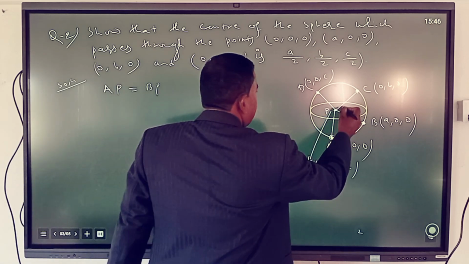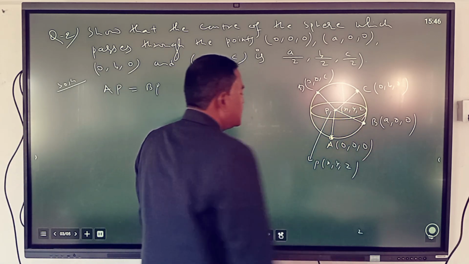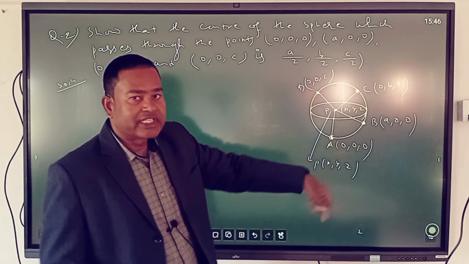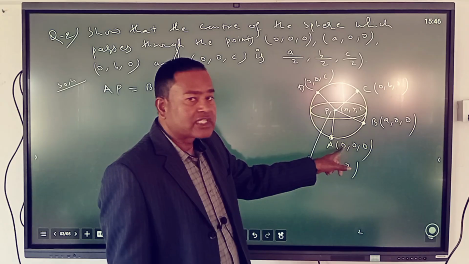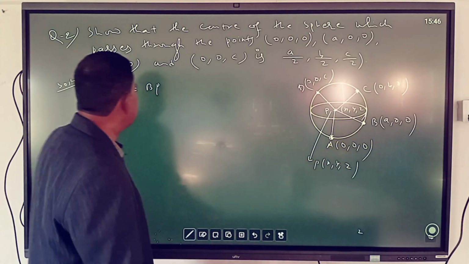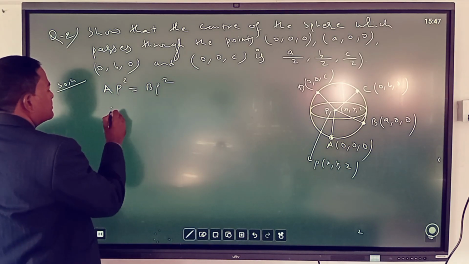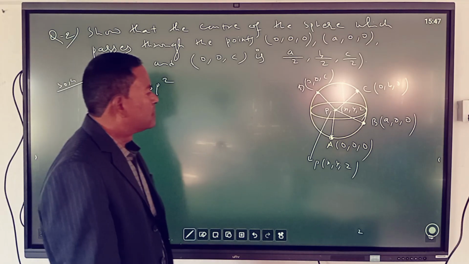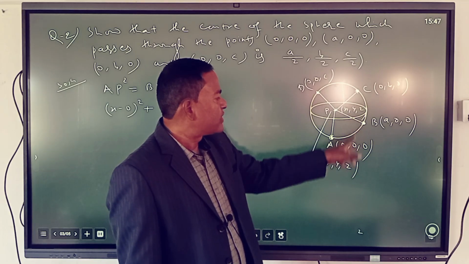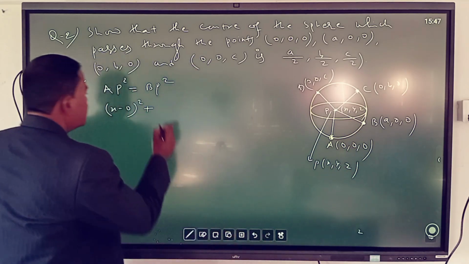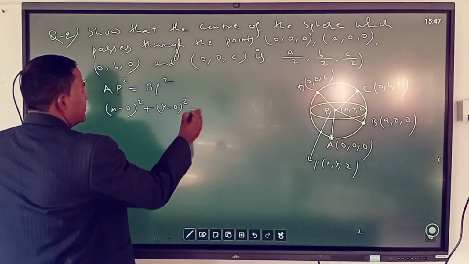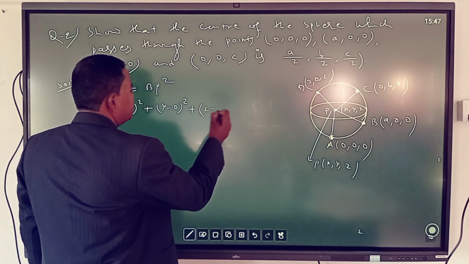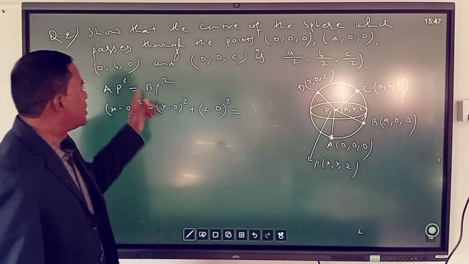So we are going to find the distance between A and P. Applying the formula, we get x minus 0 whole square plus y minus 0 whole square plus z minus 0 whole square equals BP square.